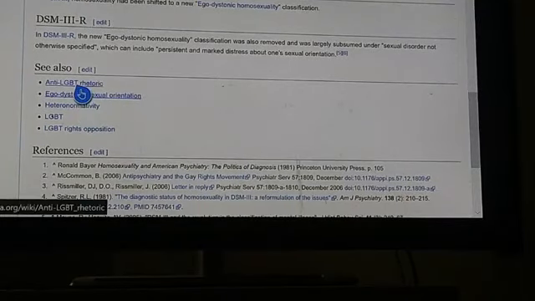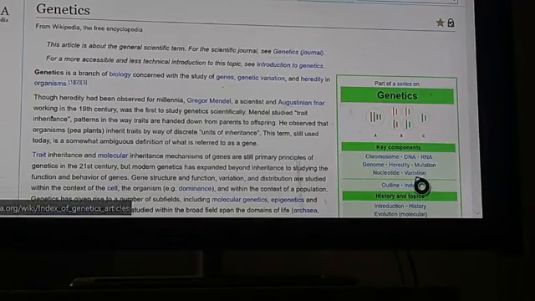Genetics is a branch of biology concerned with the study of genes, genetic variation, and heredity in organisms. Any of this stuff sounds familiar? Key components: chromosomes, DNA, RNA, genome, heredity, mutation, nucleotide variation.